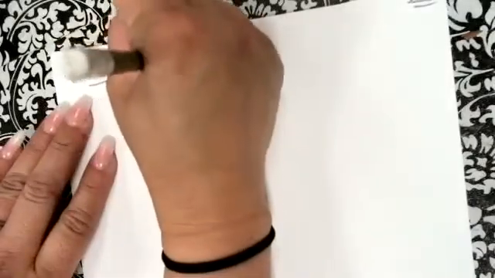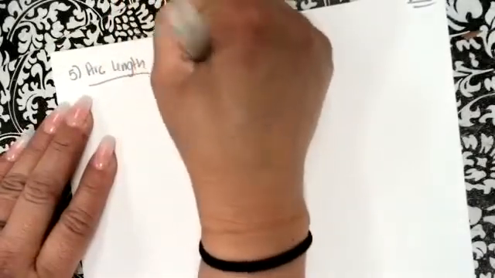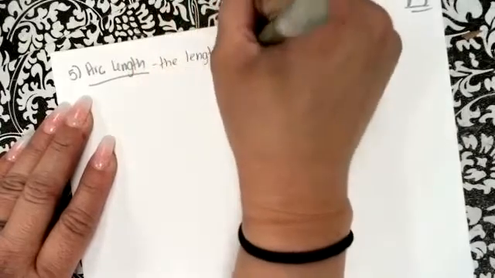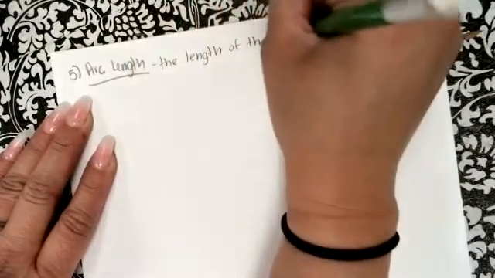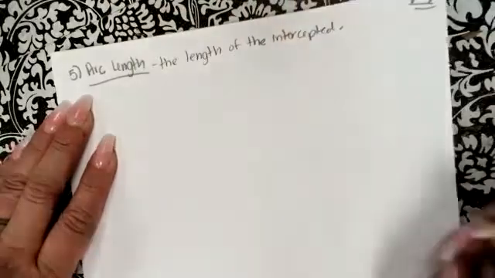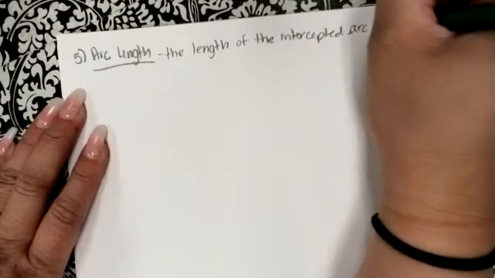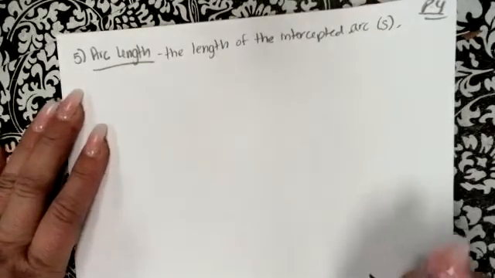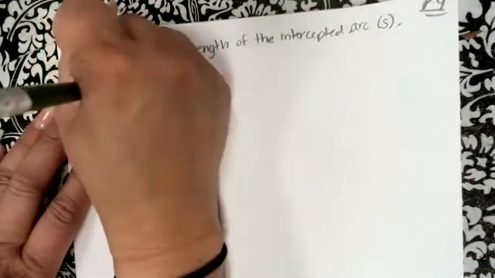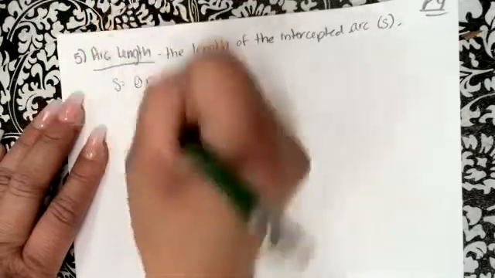Now with arc length, it's the length of the intercepted arc, S. Now, S is going to equal theta times the radius.